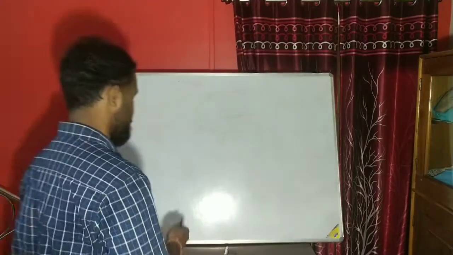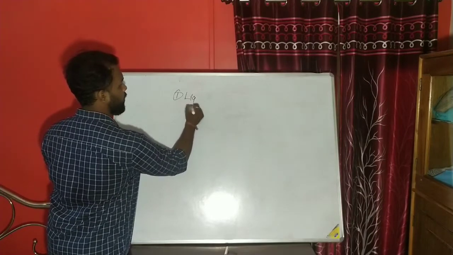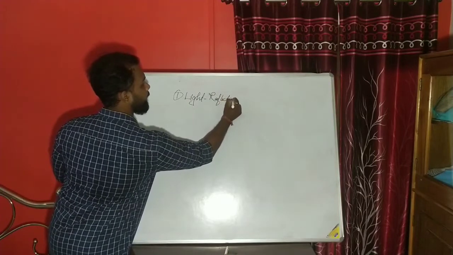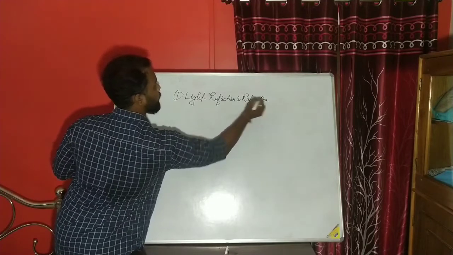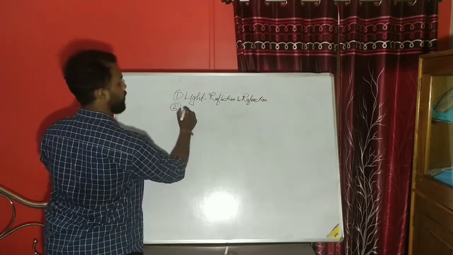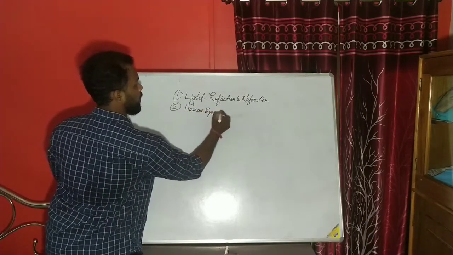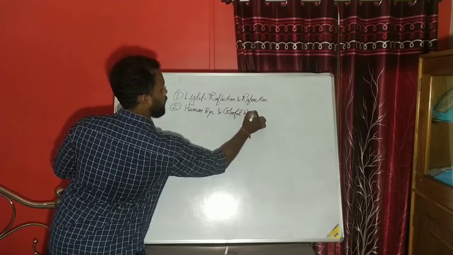So let's begin. We are going to have 5 lessons of physics in class 10, and those lessons are like this. Our first lesson is going to be light, reflection and refraction. The second lesson is going to be human eye and colorful world.